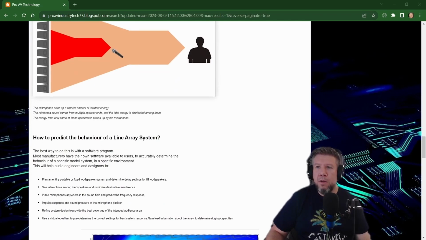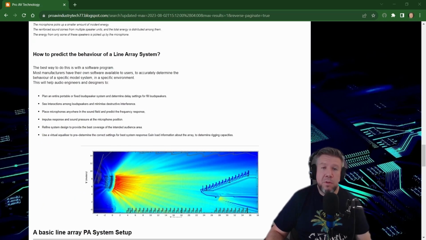So how do you predict the behavior of a line array system? Well, that's pretty simple. The majority of manufacturers nowadays have their own software that they've created and designed alongside their line array systems. So you can accurately predict the behavior of a line array system. It's all software based.